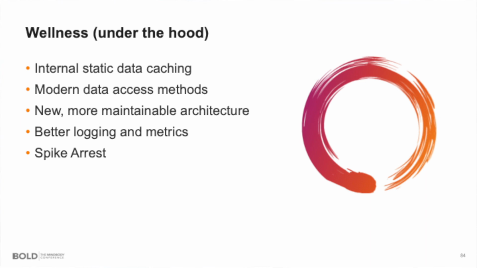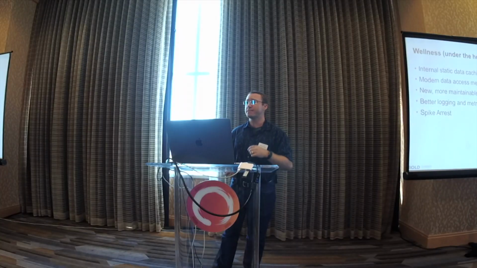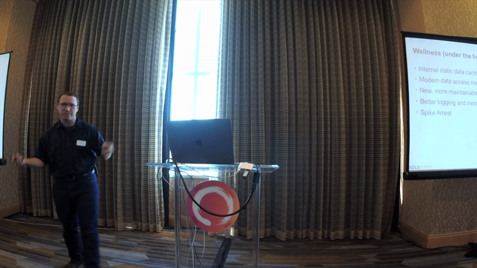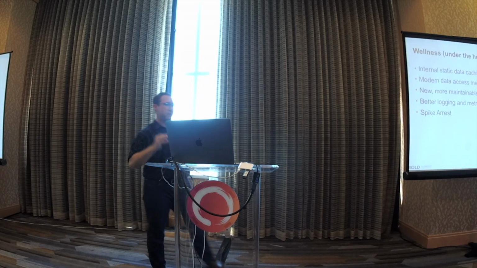We want to make sure that no one person can cause harm to our API and affect everyone else in the process. So we're implementing a spike arrest policy. We're looking at everyone's day-to-day usage and peak usage and setting limits so high that under normal usage you will never hit them. All right, so nothing to be concerned about, but it will help our API be healthy, more reliable, and more accurate.